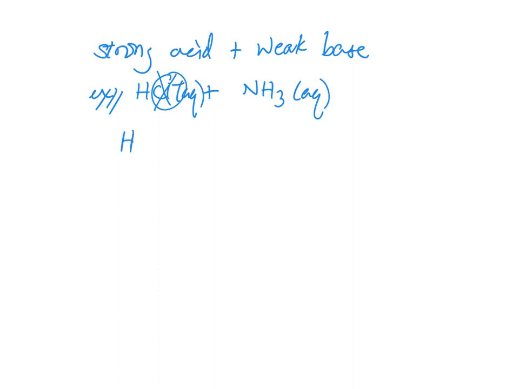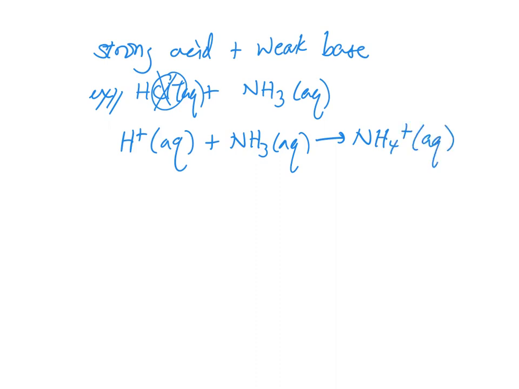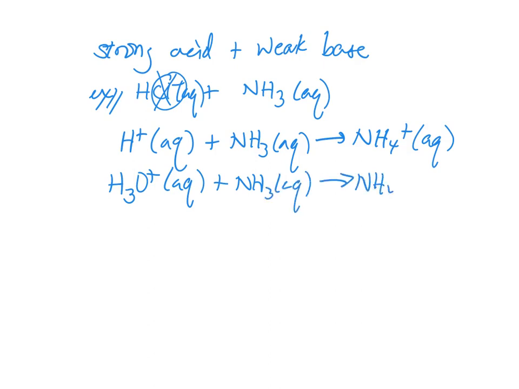So the net ionic reaction is simply going to be the H plus and NH3, and that's going to make NH4 plus. A better way to think about this is probably to think about it as H3O plus and NH3 makes NH4 plus and water. So there's again that water as a product in an acid-base reaction that we're pretty much accustomed to.